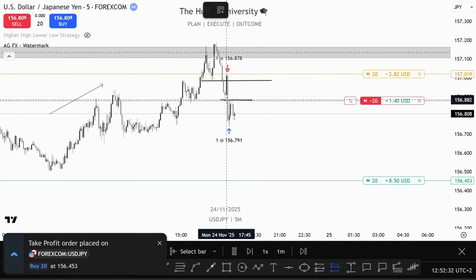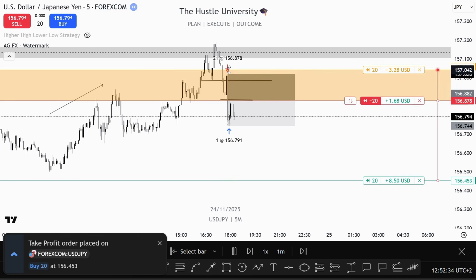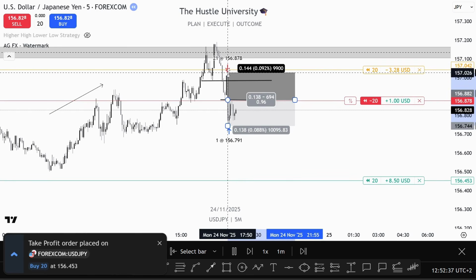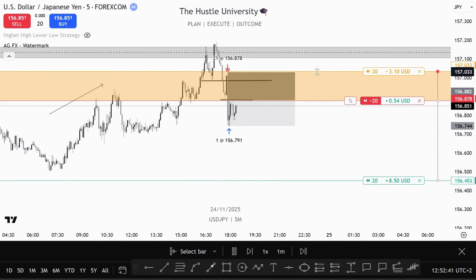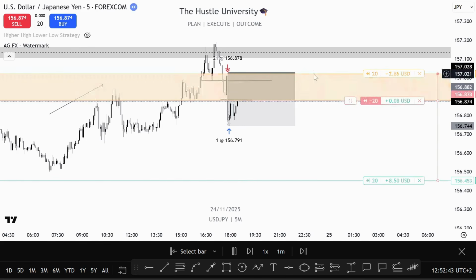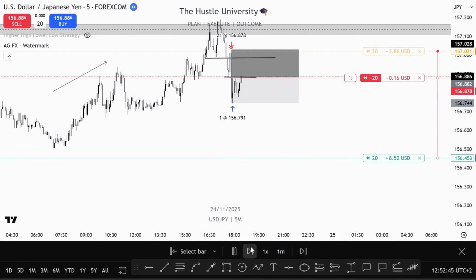There was your entry, with the stop loss just above the lower highs, obviously. As you can see, price ended up panning out, going to the downside as price was coming to correct that level.